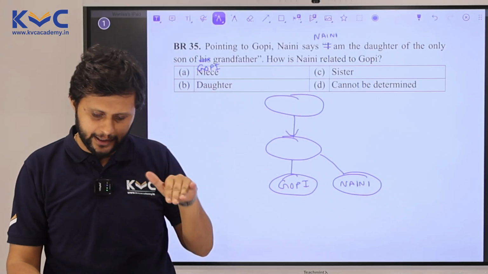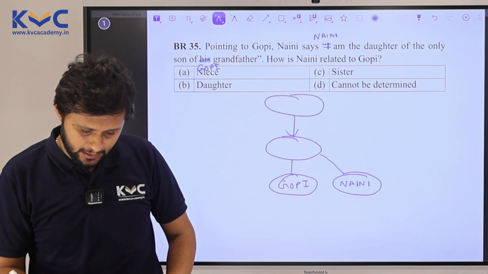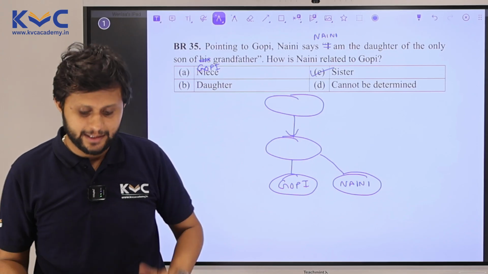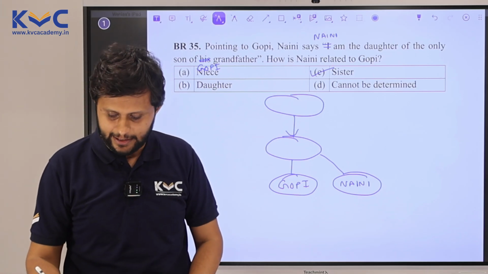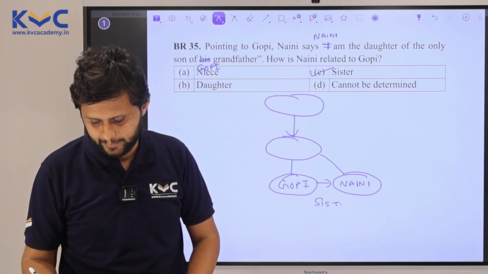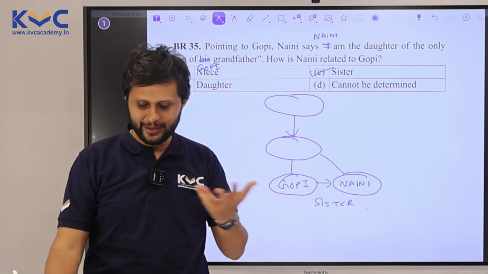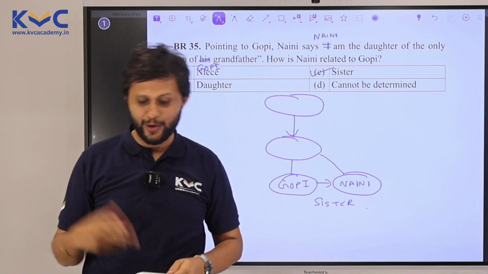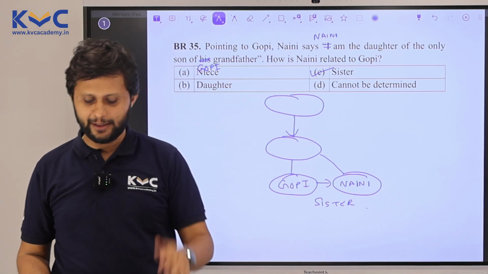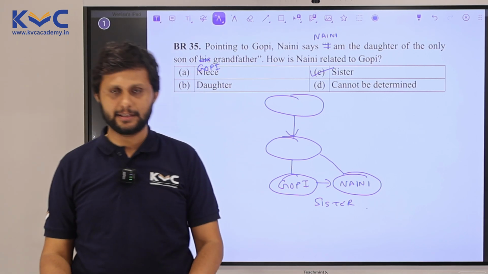Gopi and Naini are at the same level. How is Naini related to Gopi? Naini is female, so definitely sister. It was so simple to explain that she is a sister, but she wanted to complicate it and tell it in a different way. Finally, the answer is sister.